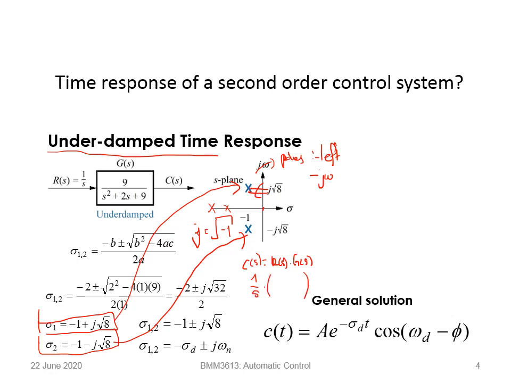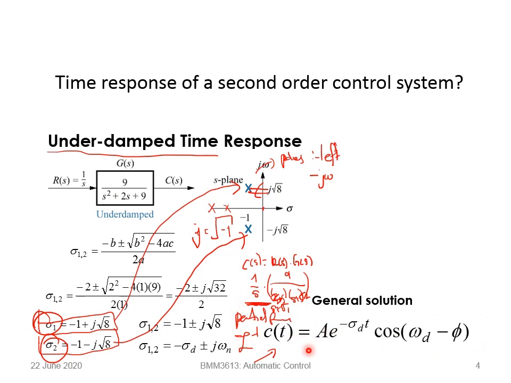Your transfer function now is 9 over two terms: s plus sigma 1 and s plus sigma 2, sigma 1 and sigma 2 being the values that we have found just now. If you do partial fraction and inverse Laplace, you'll find that the time response c(t) can be written as this equation.